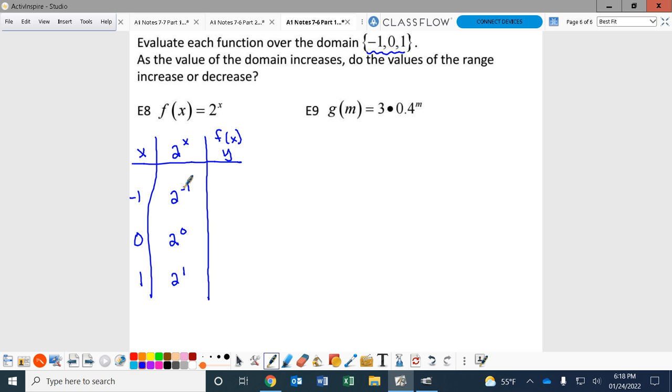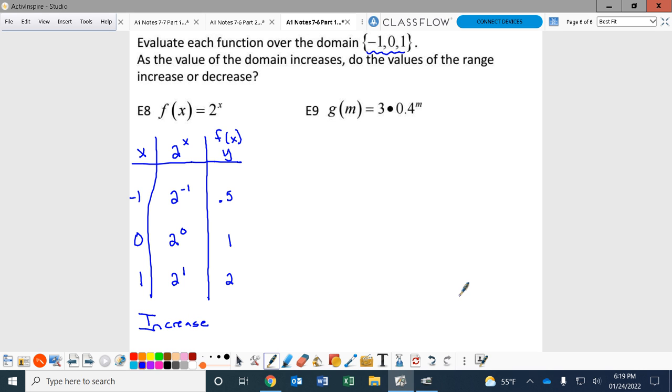Well, 2 to the -1, if you type that in on the calculator, 2 power button 1 negative equals, is going to give you 0.5. 2 to the 0 is going to be 1, and then 2 to the 1 is going to be 2. Now the thing it asks you is whether the values in the range increase or decrease. From 0.5 up to 1 up to 2 means that they are going to increase in this problem.